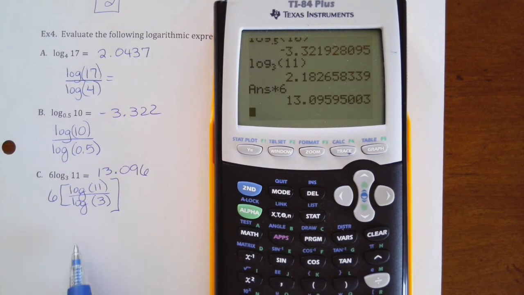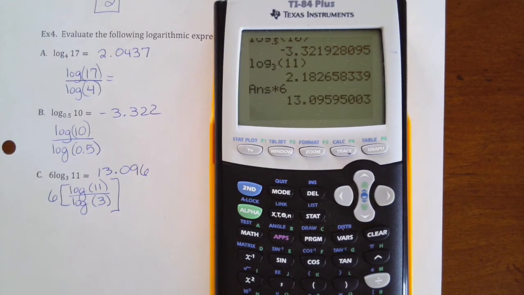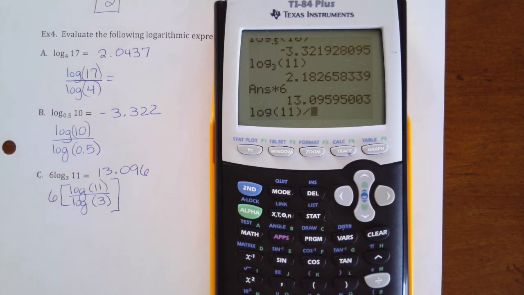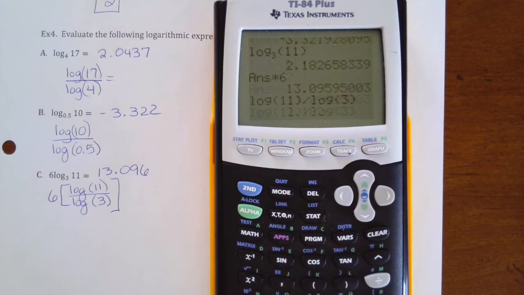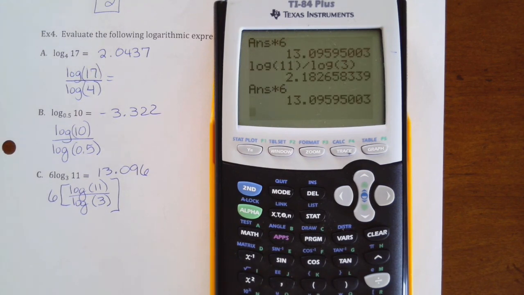Okay. So again, if you didn't have the change of base or didn't have the new version of your calculator, I would have done the log of 11, okay, divided by the log of 3. I would have hit enter, and then I would have multiplied that by 6. That's how I would do that.